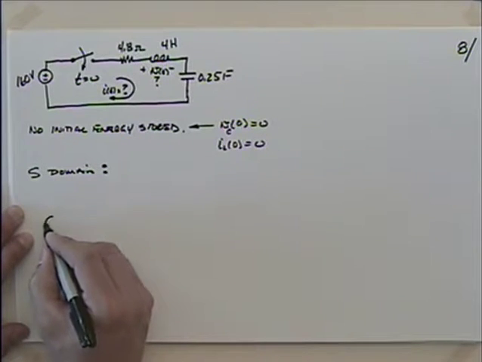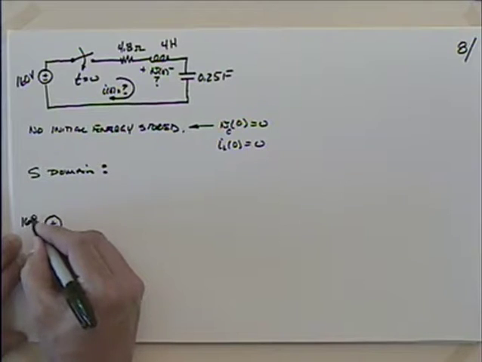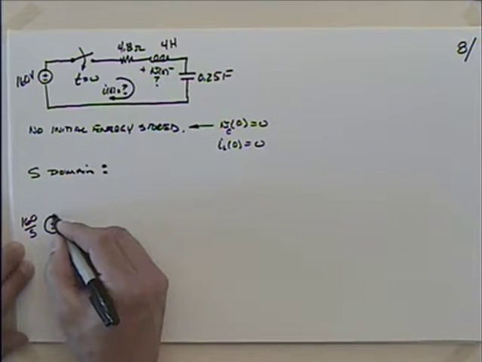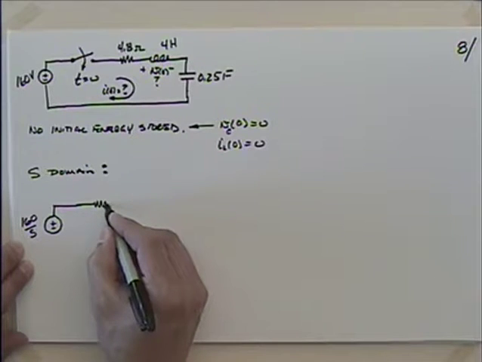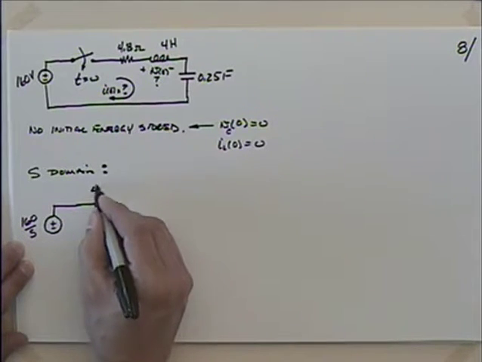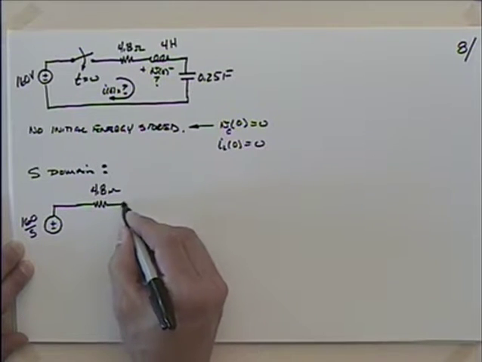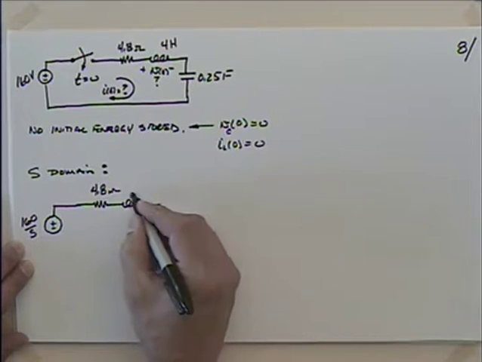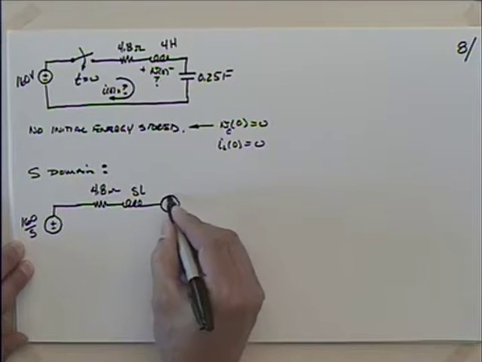So this voltage source is going to look like this, 160 over S. And I've got this switch. Resistor will be the same, 4.8 ohms. Then the inductor. What's the inductor? That's S times L. And the inductor has a voltage source.